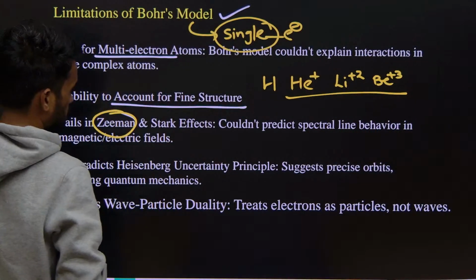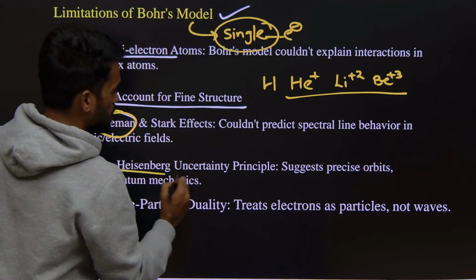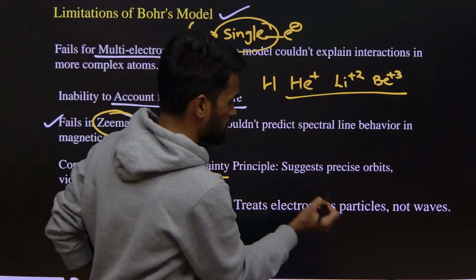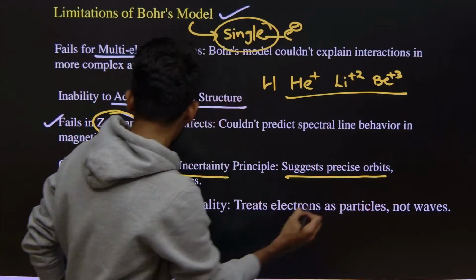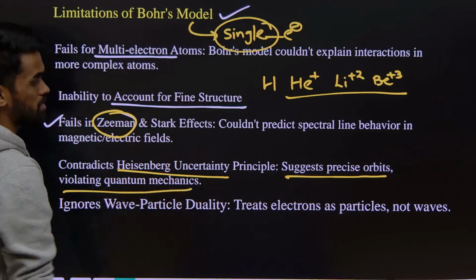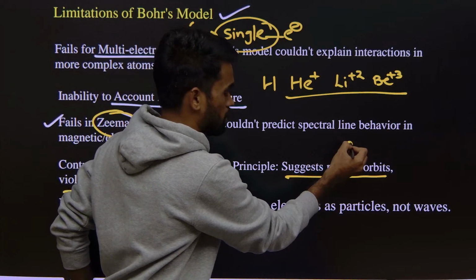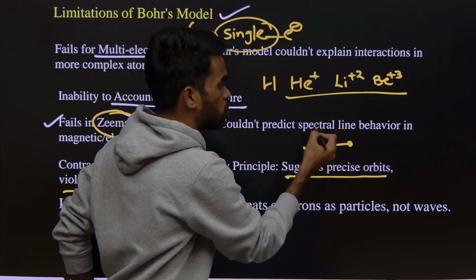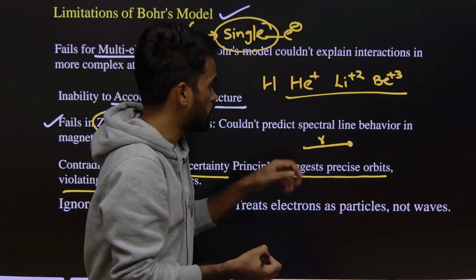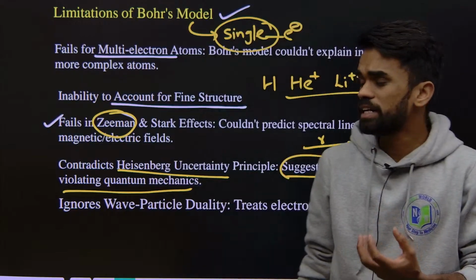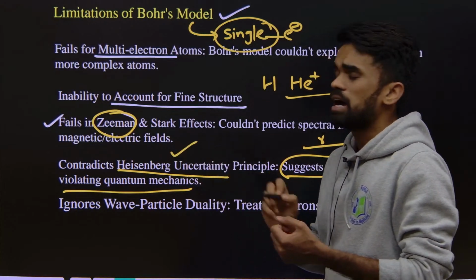Then next, it contradicts Heisenberg's uncertainty principle, because it suggests precise orbits, violating quantum mechanics. See what the Bohr model says: if an electron is present at a particular place at a distance r from the nucleus, we are saying all these things, so we have a precise orbit here, which contradicts Heisenberg's uncertainty principle.